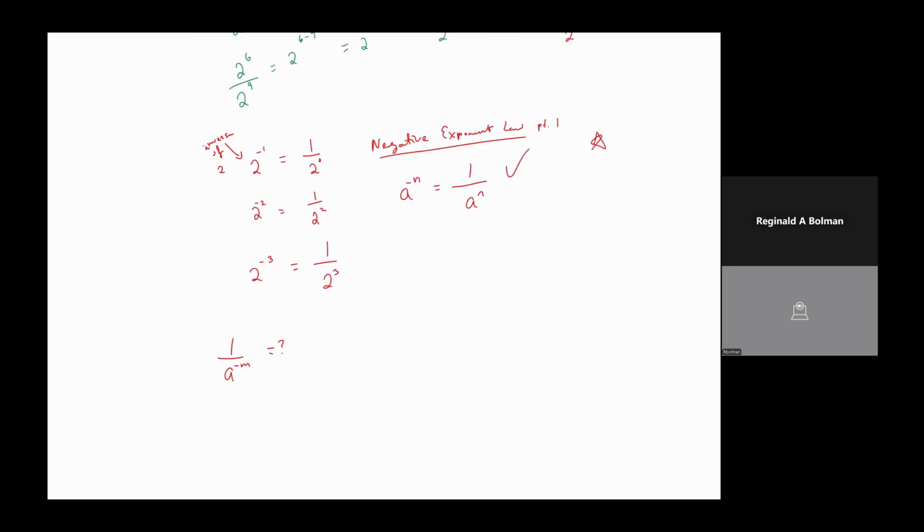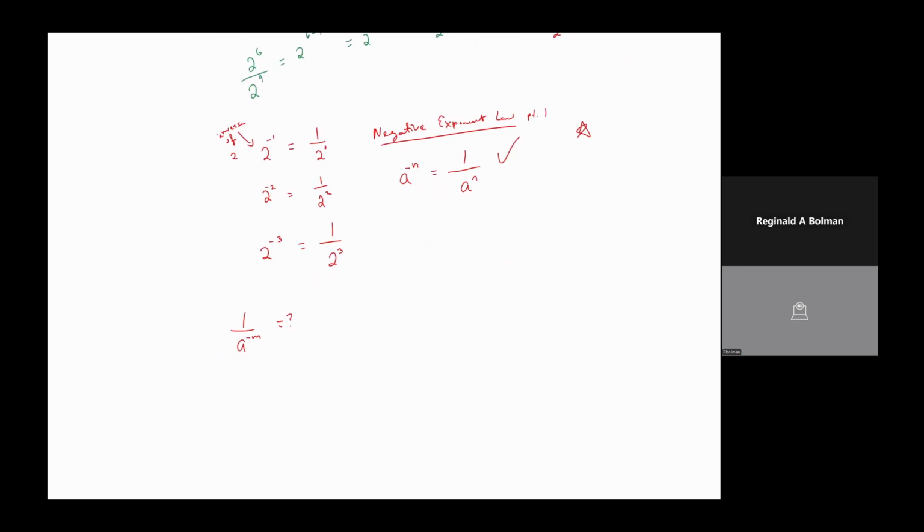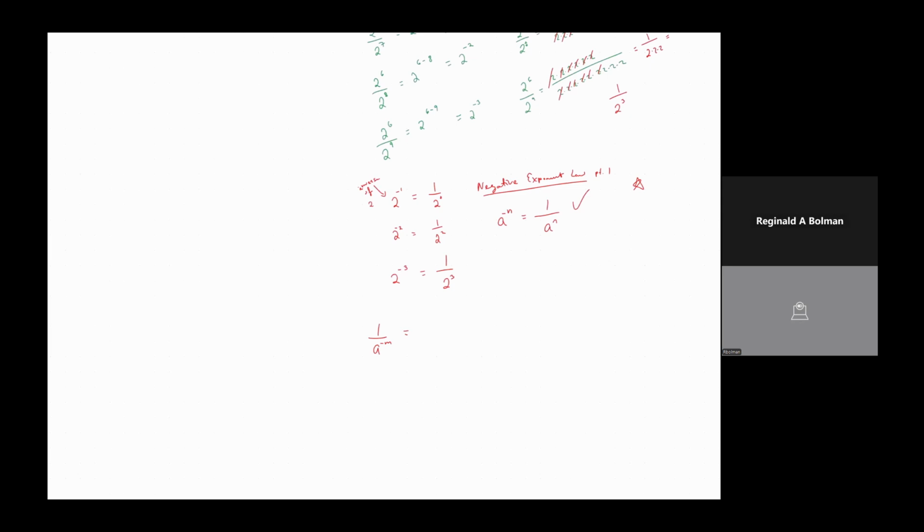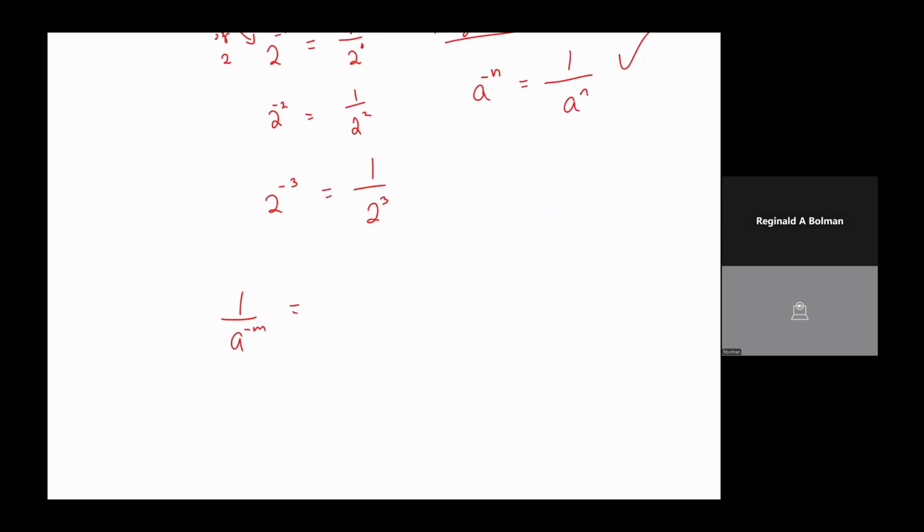So in this instance, say you have a raised to the negative m in your denominator. Or if we want to be consistent with the above, we'll say a to the negative n, whatever.